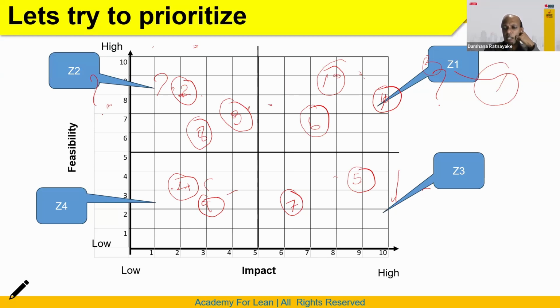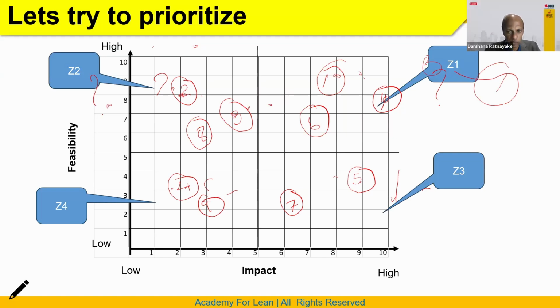Okay. Prasanna, how about your idea? My idea is that zone 3 has low feasibility and high impact, so establishing it takes a long time, but zone 1 and zone 2 we can establish immediately.